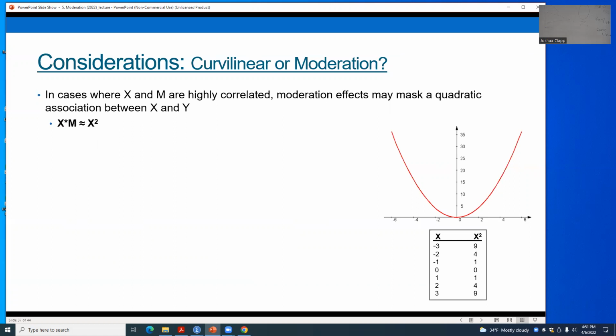So if X and M are very close, if I take the product of X and M, it's probably going to approximate the square of X if those two things are very similar in nature, okay?